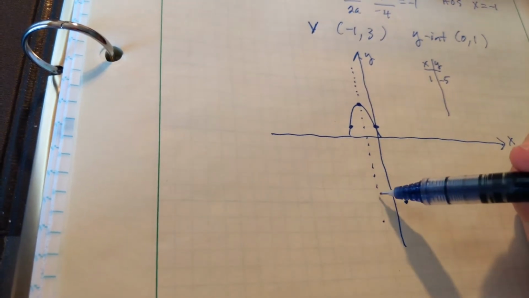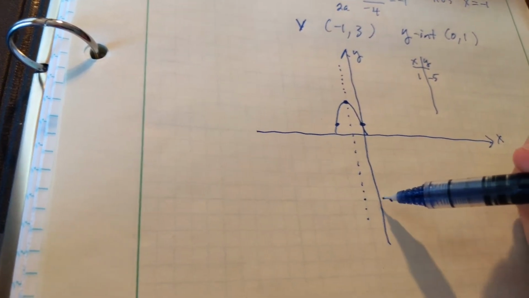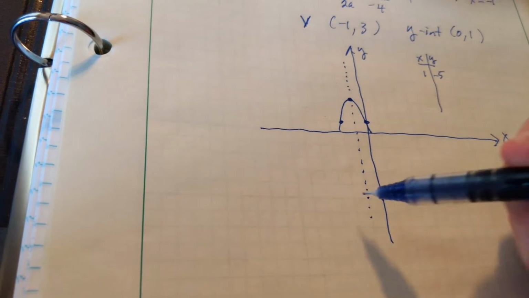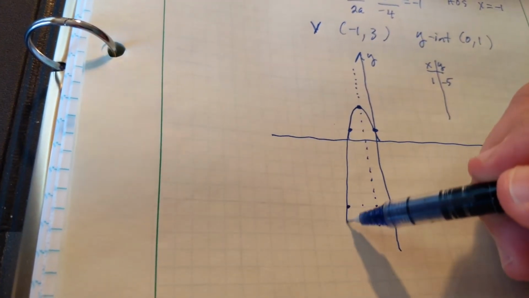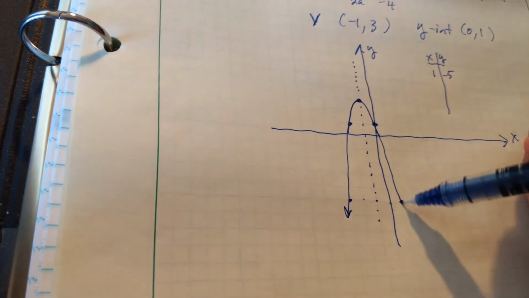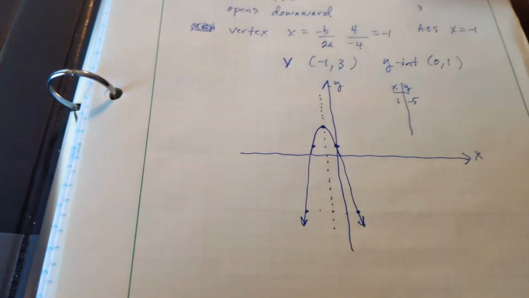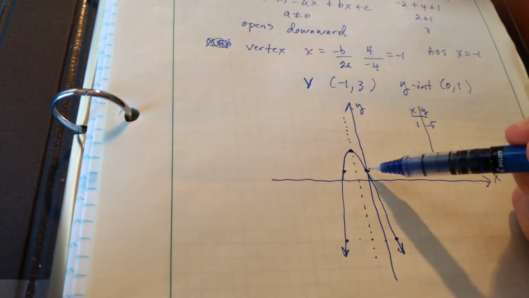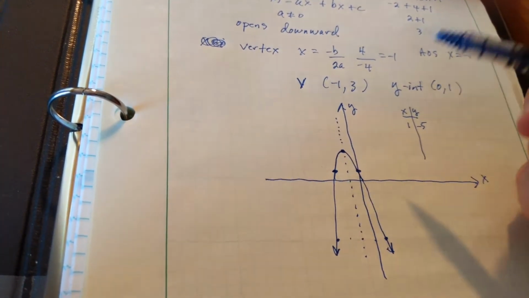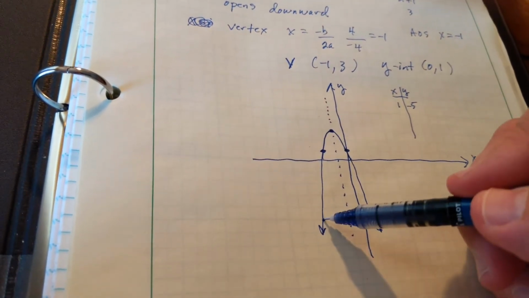And since I know this is symmetrical, from here, if you count 2 over, you get to here. From here, I can count 2 over and get there. So I know that this looks like this. Now, I can sketch this out like that. I could do some other points, but this is sufficient. I have the vertex, I have a y-intercept and a symmetrical point. I have this point and a symmetrical point.